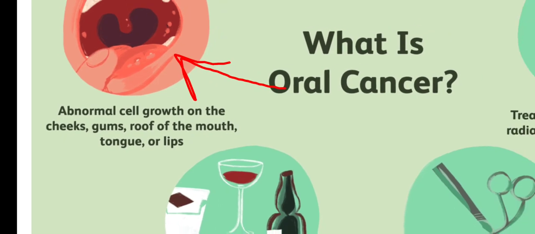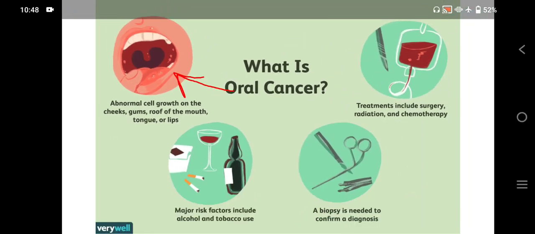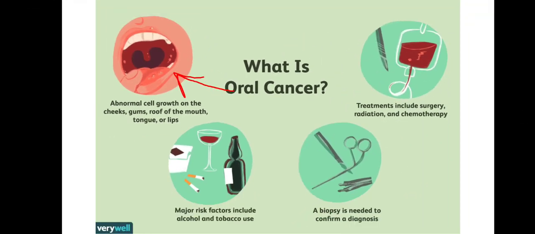And abnormally they are going to grow without any type of stop. As you know, cancer means there is abnormal cell division of the cells, right? So abnormal cell growth takes place here.